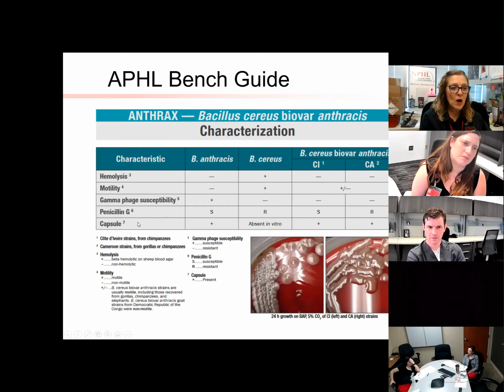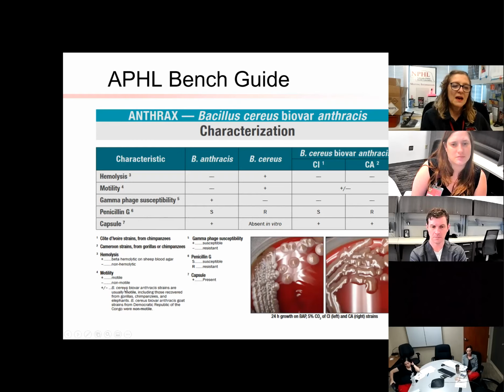All right, and they say that it's capsulated, but again, clinical laboratories usually don't work this up. So how do we know if it's this one instead? We always, in the recent past, have bet on the fact that the biovar anthracis has only been seen in goat strains in the Democratic Republic of the Congo, so the DRC, where they see Ebola too.